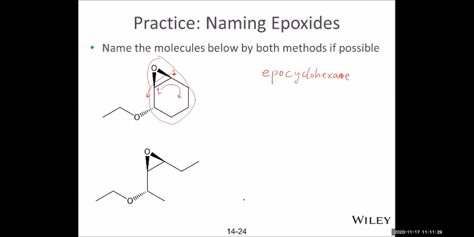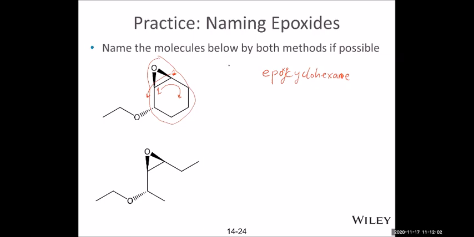Epoxy cyclohexane, okay, this is the parent name. And the carbons 1, 2. With a ring, by the way, the 1 and 2 is not necessary. With a straight open chain, yes, you need to show where the number 1, number 2 carbon is. But for the ring, it's not necessary to show the 1 and 2.